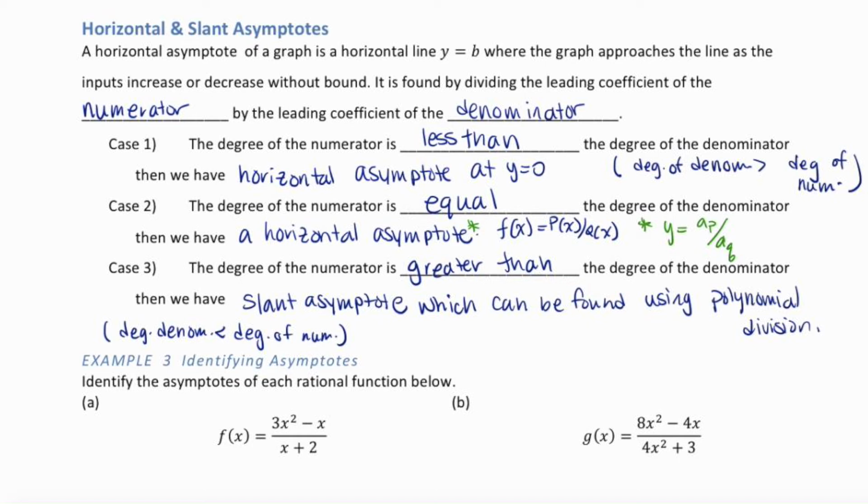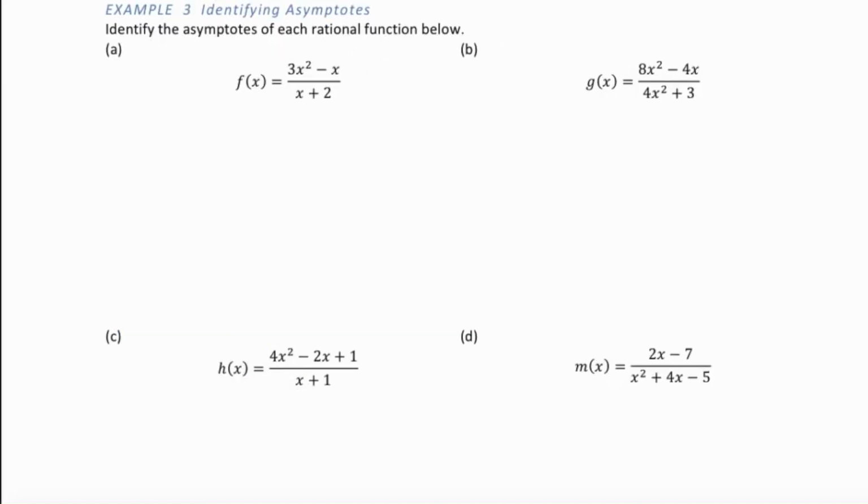Let's look at example 3. Identifying asymptotes. Let's identify the non-vertical asymptotes of each rational function below. For now, because I want us to get used to the rules that we just learned regarding horizontal and slant asymptotes, we are going to ignore any vertical asymptotes.